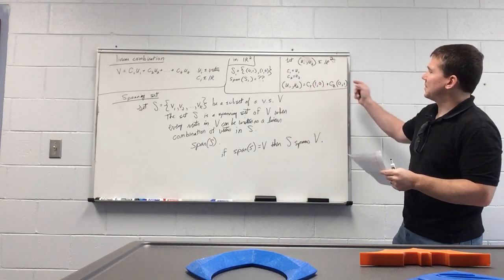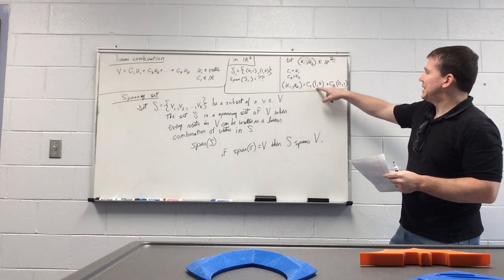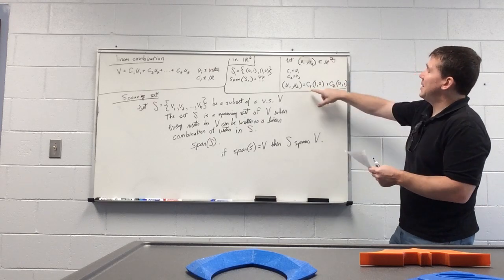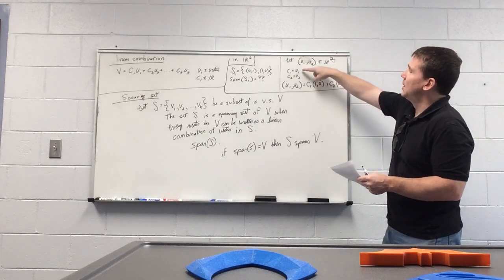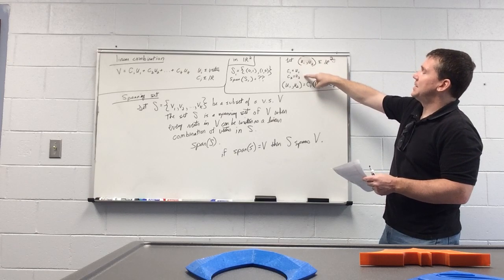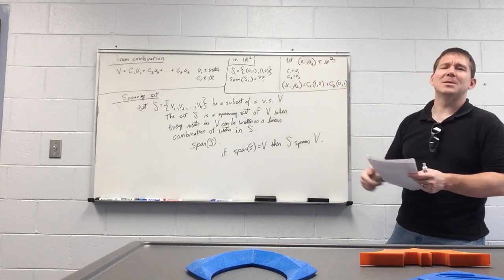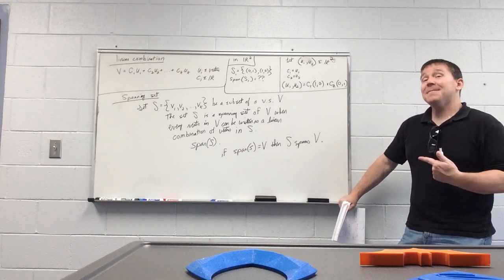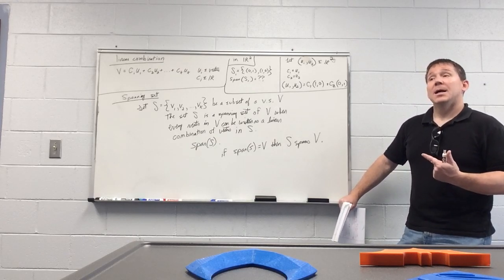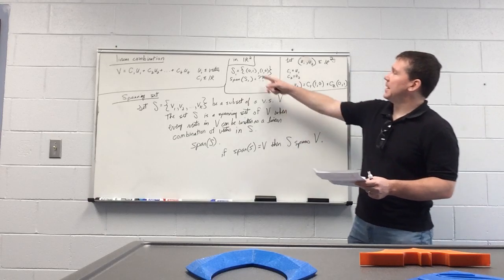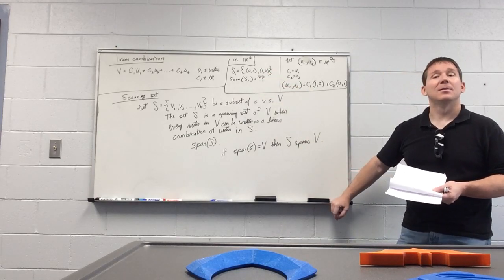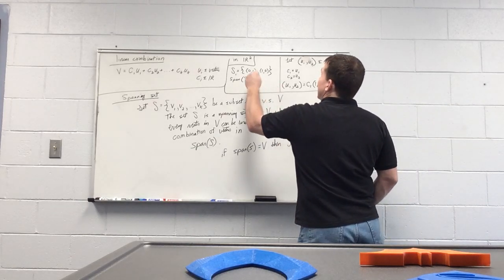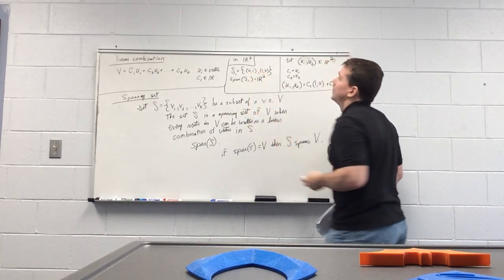Because if I multiply these out, I'll get C sub 1, 0 plus 0, C sub 2, which gives me the vector C sub 1, C sub 2. But this C sub 1 and C sub 2 is just U sub 1 and U sub 2, so they're equal. Which means any vector in R2, I can write as a linear combination of those two vectors right there.